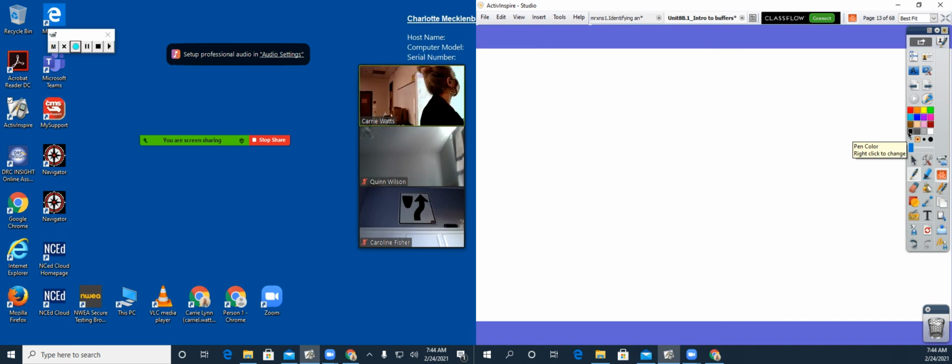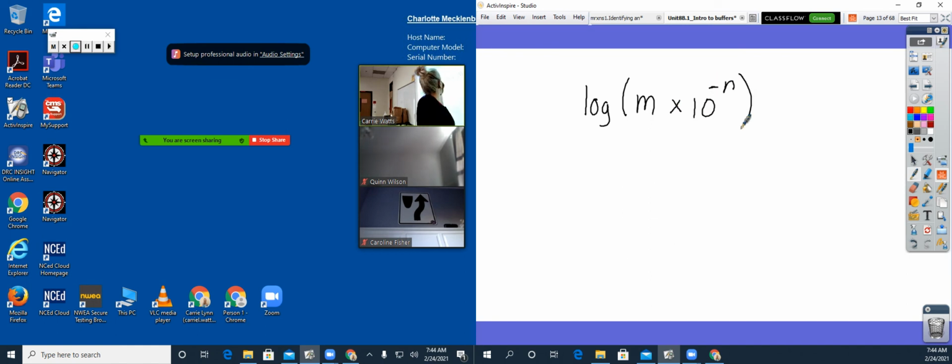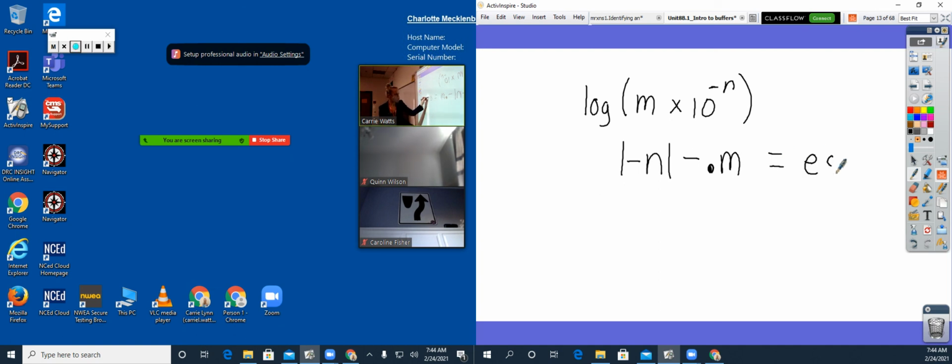If you have a log of m times 10 to the negative n, and you want to estimate the answer without your calculator, you take the absolute value of your exponent and subtract 0.m. That's going to give you an estimate without your calculator. If you want to write that down, that's a good tip for any multiple choice when we do the AP without a calculator.